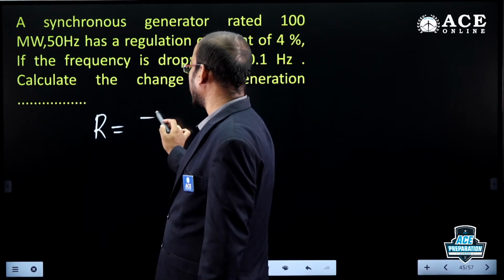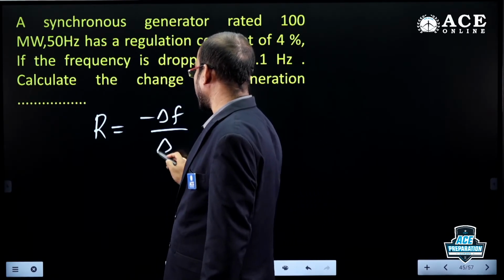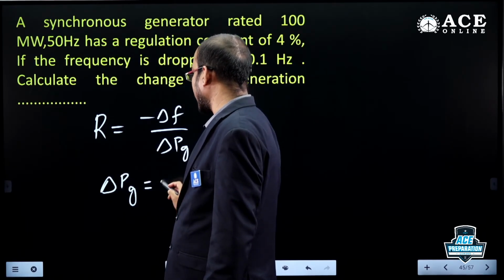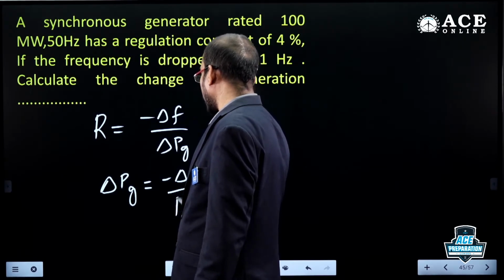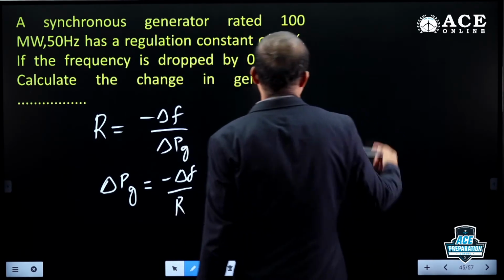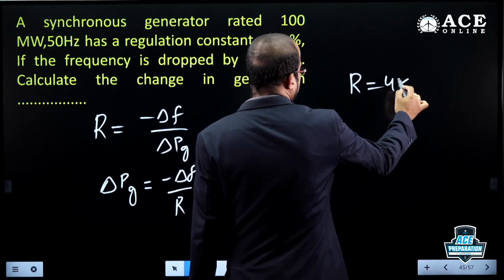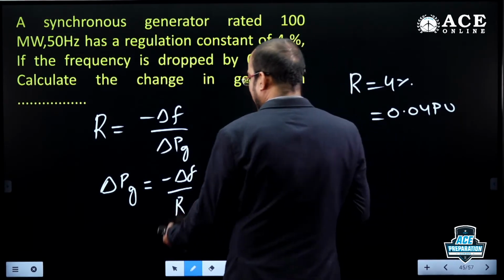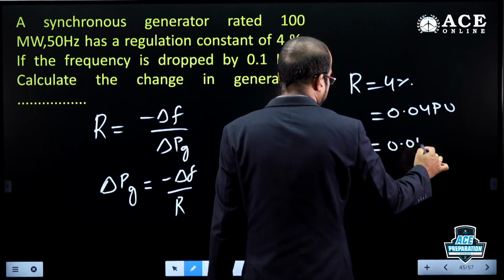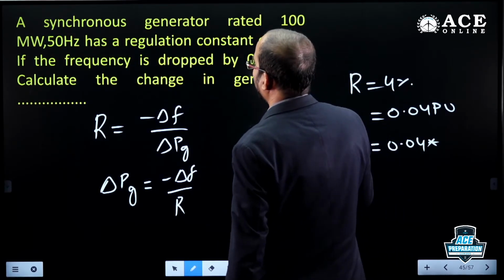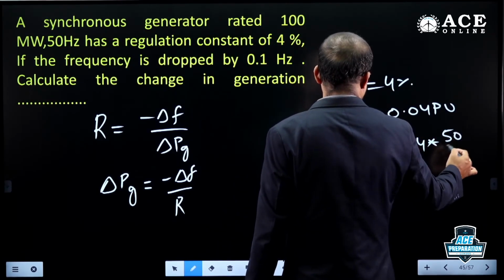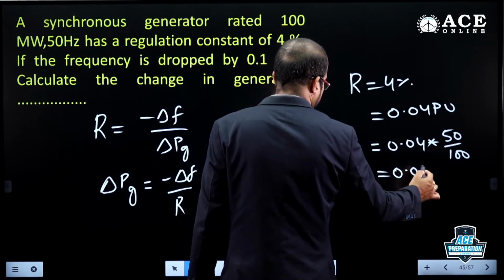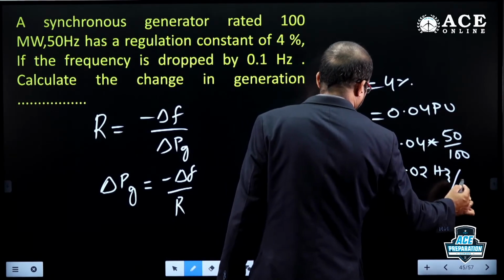R is minus delta F by delta Pg, so delta Pg is minus delta F by R. R is given as 4%, 0.04 per unit, but you require the actual regulation: 0.04 into 50 by 100, that is 0.02 hertz per megawatt.